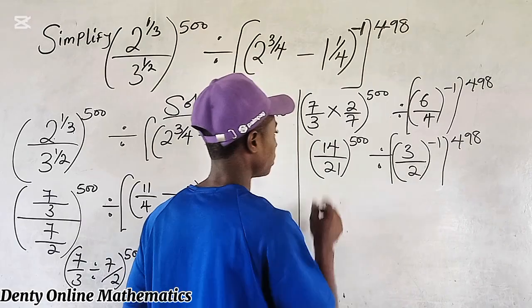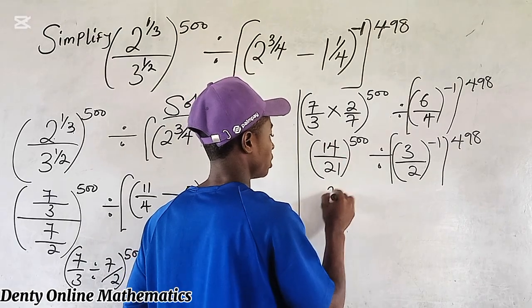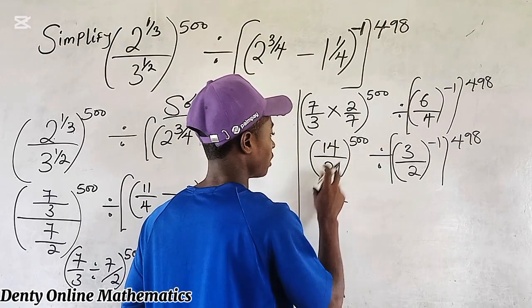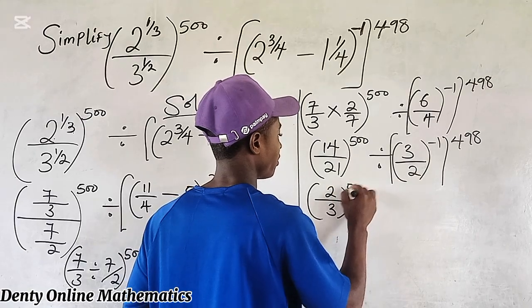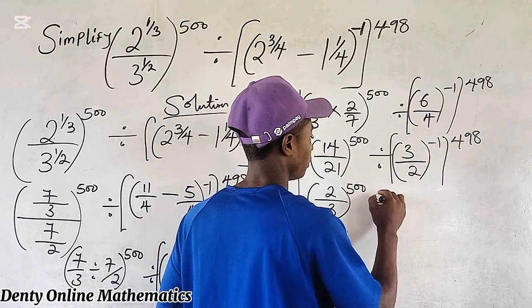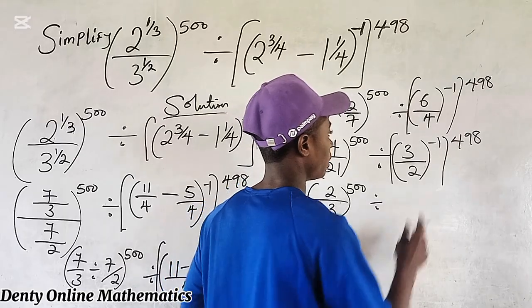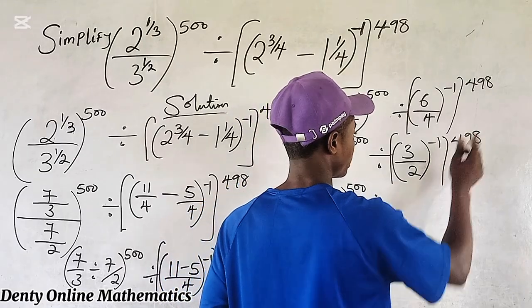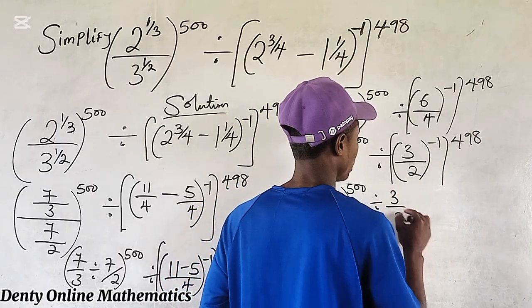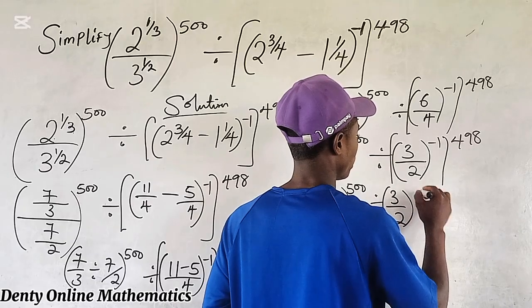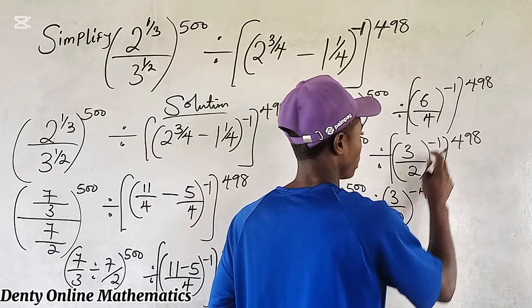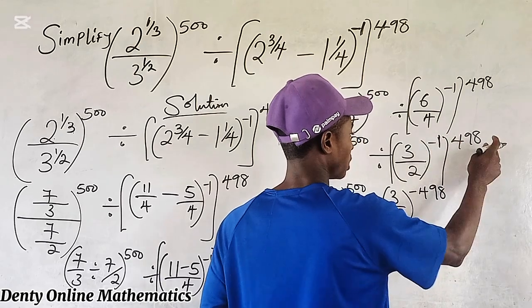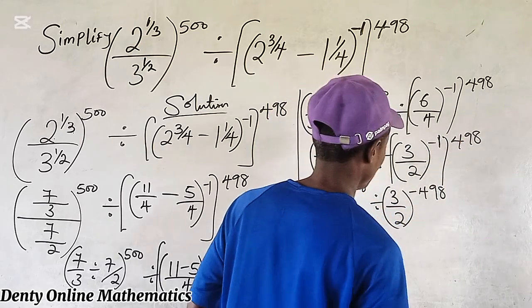Alright, now 7 will go into 14 2 times, 7 will go into 21 3 times, raised to the power of 500, divided by this. Minus 1 will affect this, so I have 3 all over 2 raised to the power of minus 498, since minus 1 times 498 will give us this.